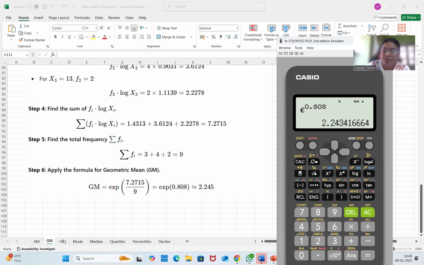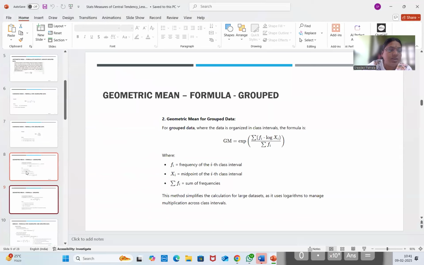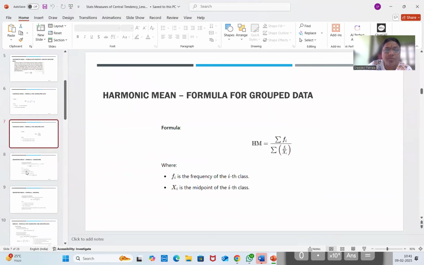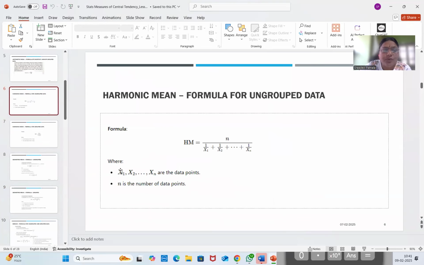Let's move to the harmonic mean. Before going to it, let's revise the formula. It is very simple, just a reciprocal of the arithmetic mean, which for ungrouped data is x1 to xn divided by n. Being a reciprocal, n comes on top and xi becomes 1 by xi.